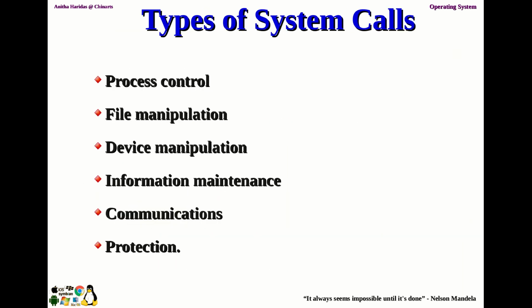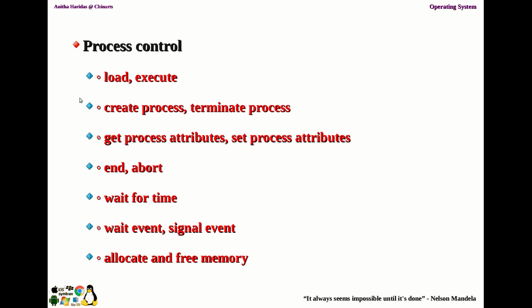Then these are the different types of system calls: system calls for process control, file manipulation, device manipulation, information maintenance, communication and protection. In process control you have system calls for loading a process, executing a process, creating a process, terminating a process, and getting or setting the attributes of a particular process.